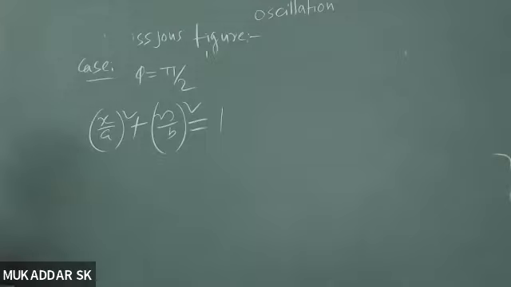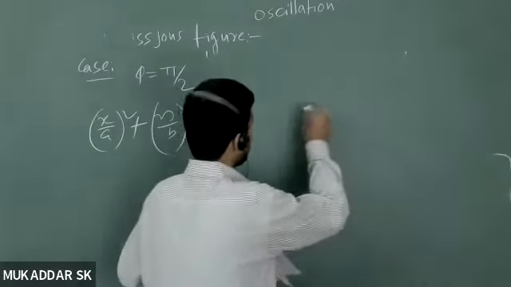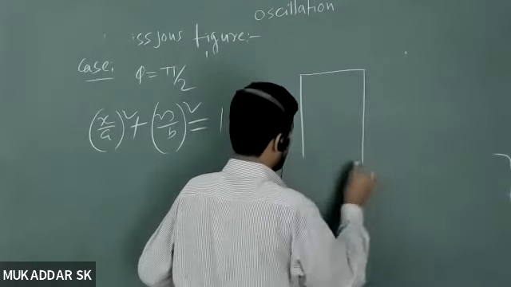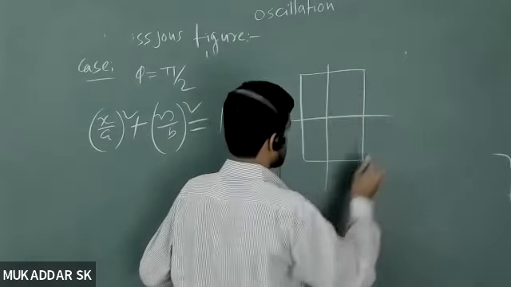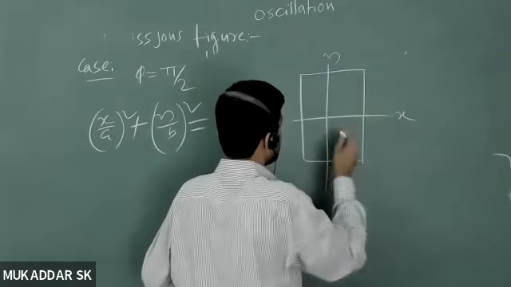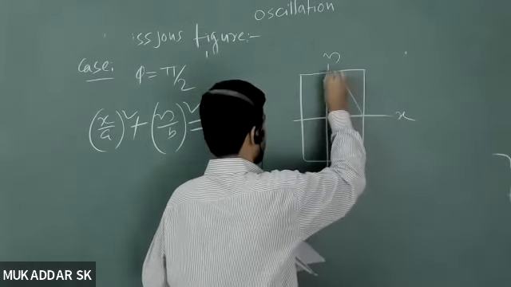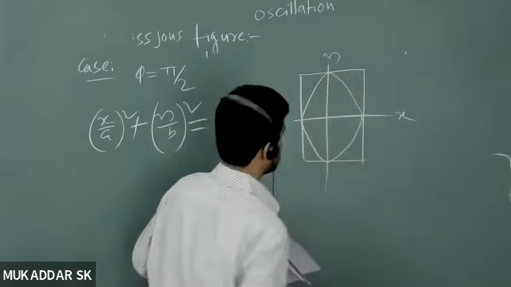You can investigate also. So if you plot this curve, how will it look like? This side you have x, this side you have y. So this path will be like this.